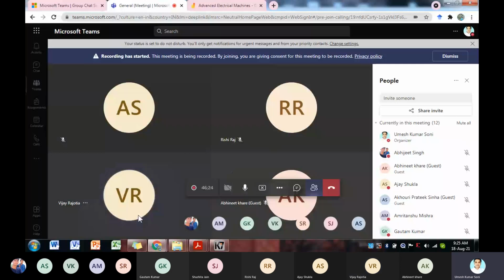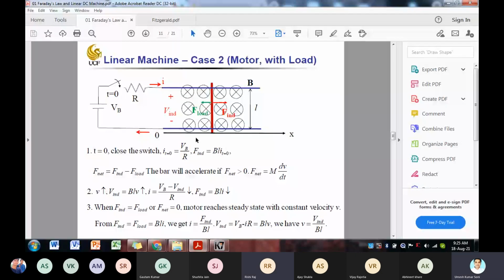So here you can see that F net is greater than 0. In the steady state condition, m dv upon dt is equal to 0. That means for velocity to be constant, the acceleration should be 0, and due to that the net force should be 0. Whenever the net force is positive, the acceleration will be positive.